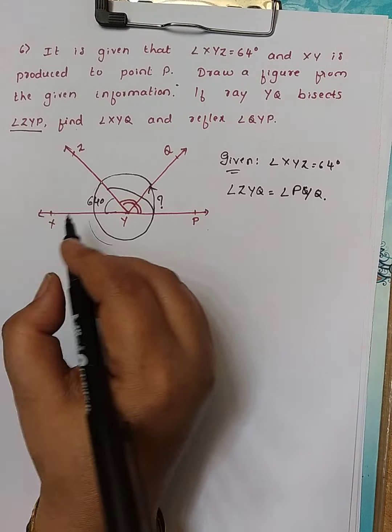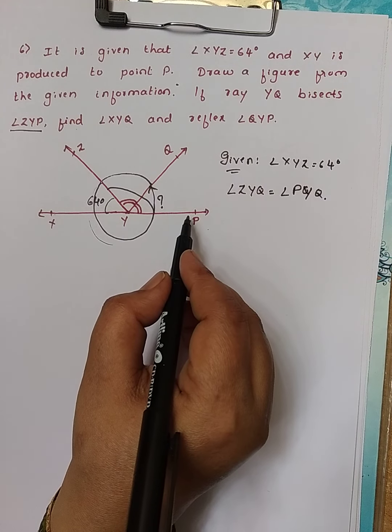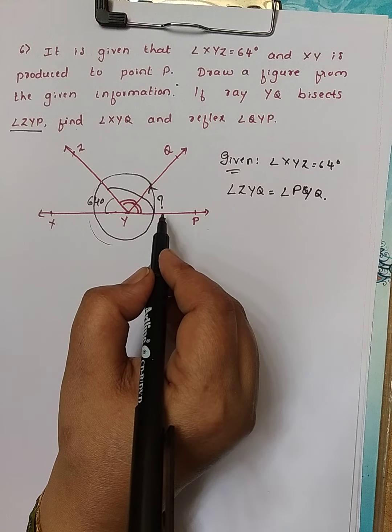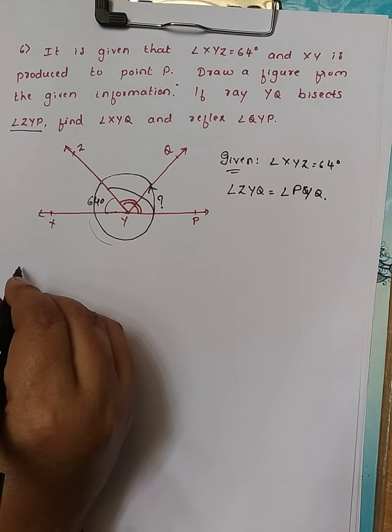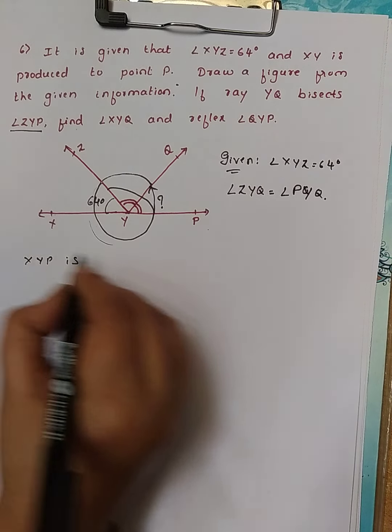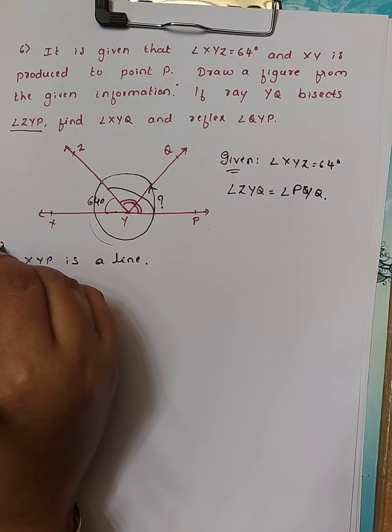Then again by using the axiom, given XYP is a straight line and the sum of the angles on the line is 180 degree. Therefore, XYP is a line.